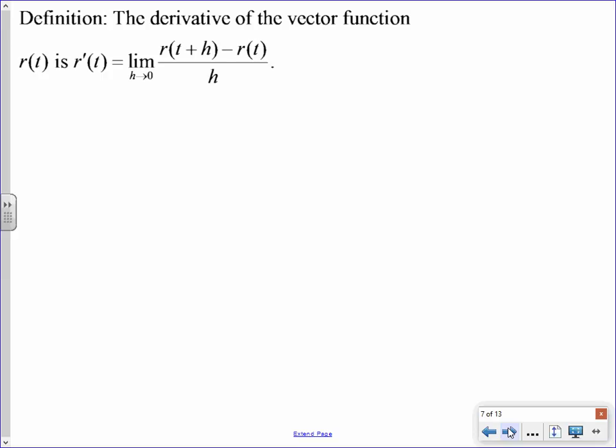We will be using r of t equals f of t i plus g of t j.